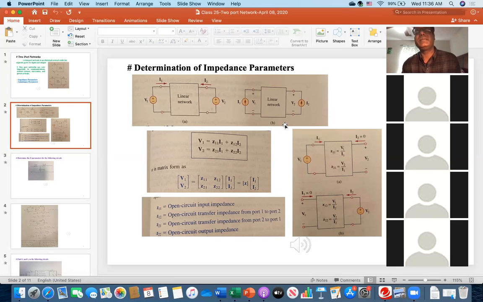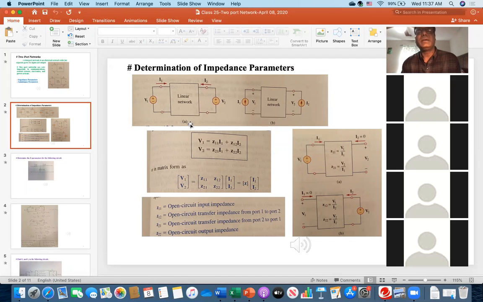Similarly, in figure B, it's a linear network, but it is represented in terms of current sources instead of voltage sources. There is a current source I1 on the left port and the corresponding voltage is V1. Similarly, on the right side there is current source I2 and voltage V2.